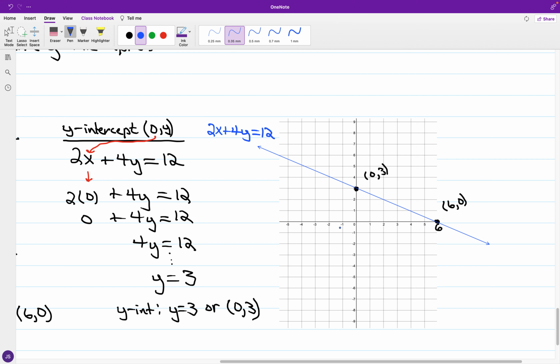And again, that is including the x and y intercepts of (6, 0) and (0, 3).